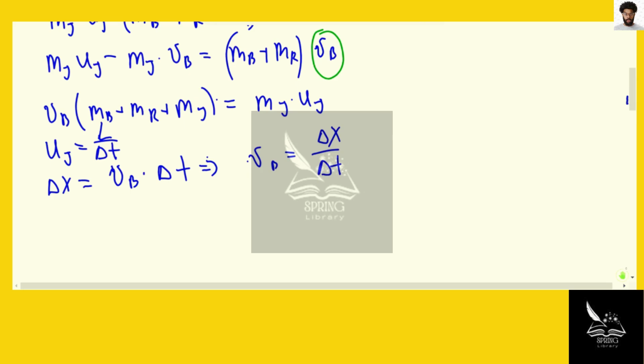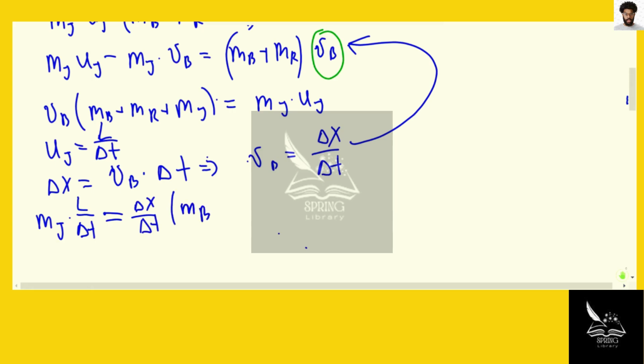So now we can put this expression into the previous equation, and from here we get that mass of Juliet multiplied by length of the boat divided by delta t equals delta x divided by delta t multiplied by the total mass of Romeo, Juliet, and boat.